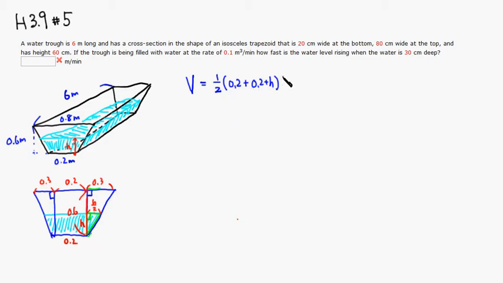The height is going to be H. That will give you the area of this trapezoid. Then you have to multiply by 6 to get the volume.